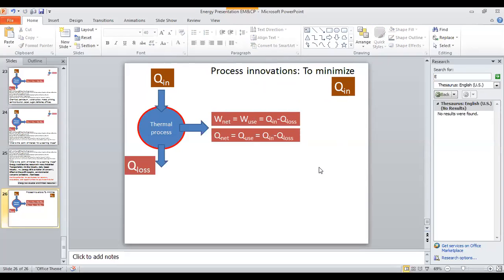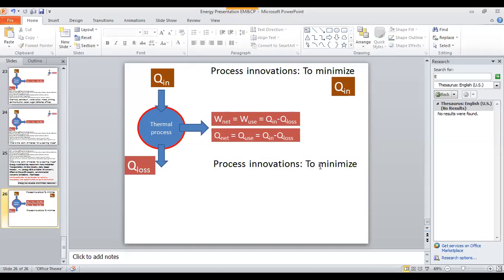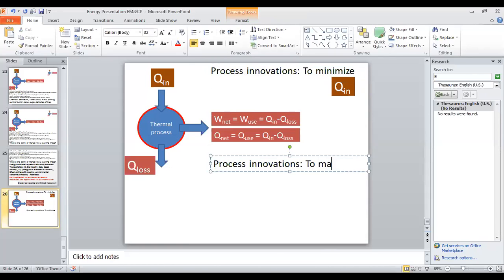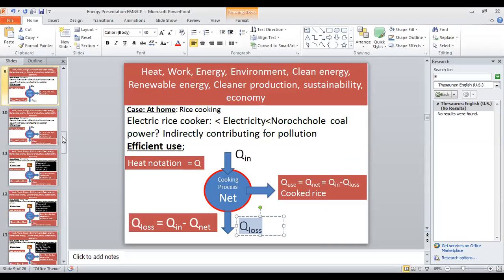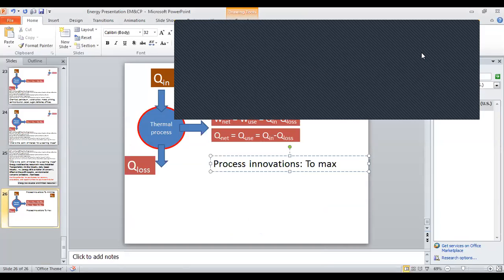Process innovations, that is one point, to minimize Q in. Also, the other way: process innovations to improve, or maximize, though maximize is not a better word, improve is better.